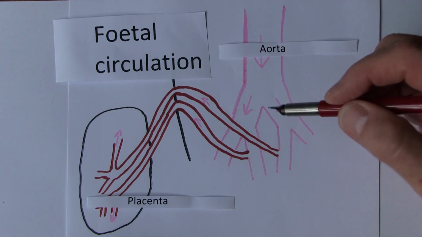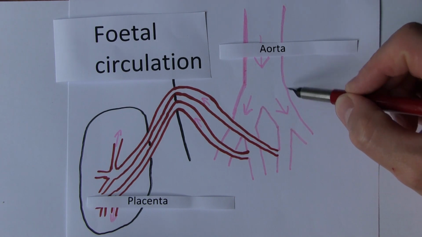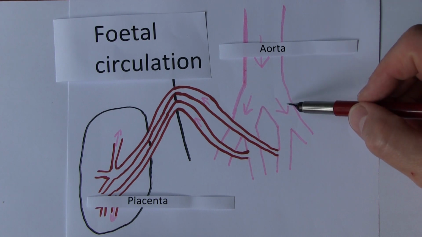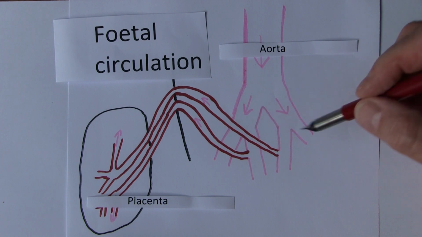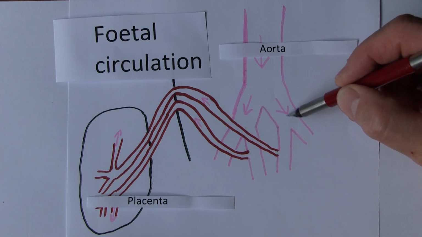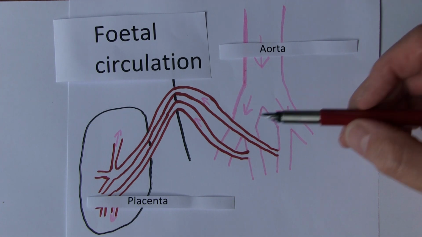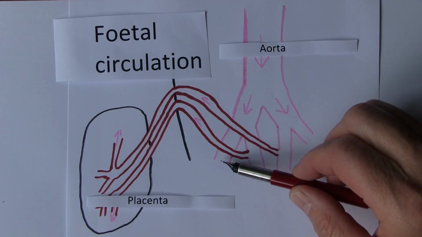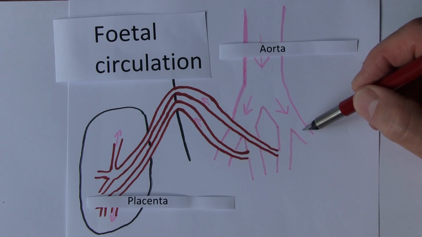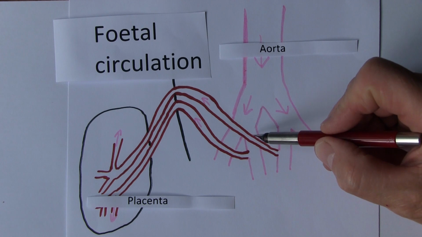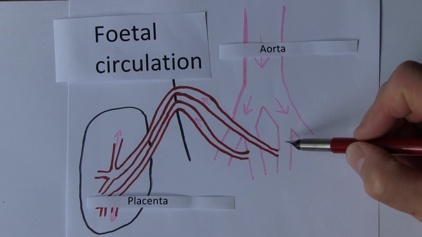And then the aorta branches into two common iliac arteries. So we have the right and the left common iliac artery. So this is the common iliac artery here. This is the common iliac artery on this side here. And then the iliac artery itself divides into two further arteries, the external iliac artery here, and the external iliac artery here, and the internal iliac artery there, and the internal iliac artery there.